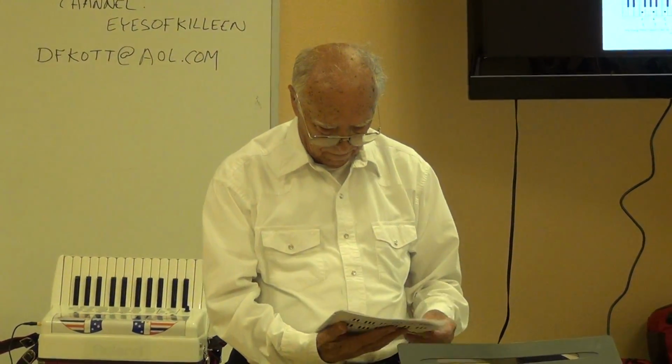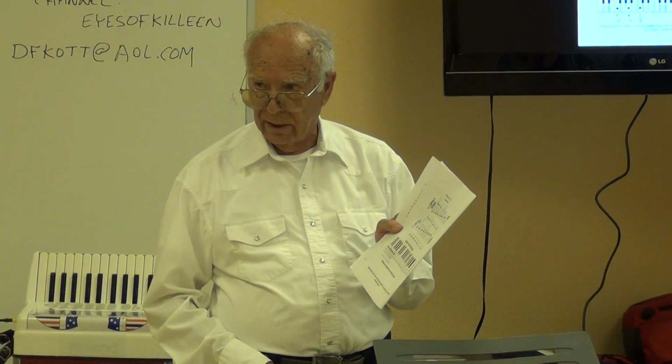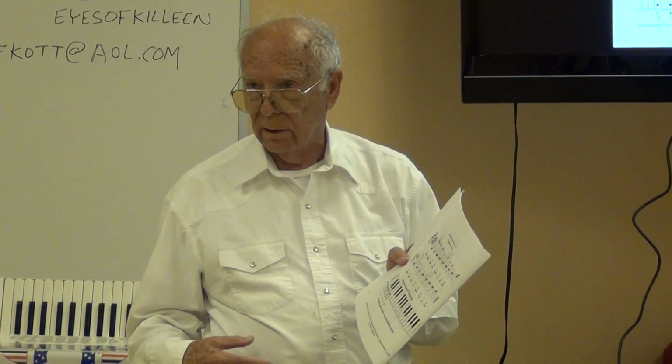So that's all you have to remember, and I've got it written down there. Here, thumb goes under on the ascending scale. If you want to make a note there, descending scale, 3rd finger goes over. I thought I put it there, but I guess I didn't.